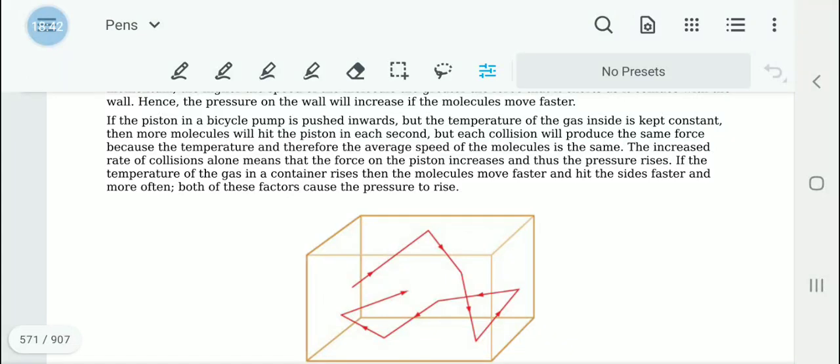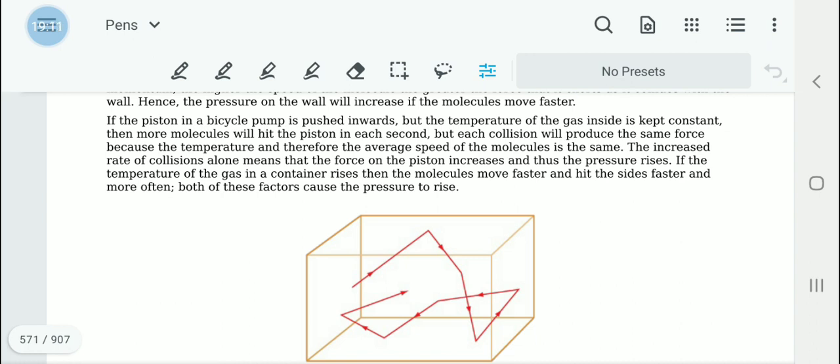Now, if the piston in a bicycle pump, that is the pump used to fill the tire with air, is pushed inwards without changing the temperature, then more molecules will hit the piston each second. But the collision will produce the same force. Why?